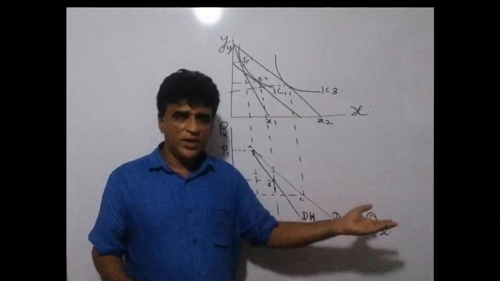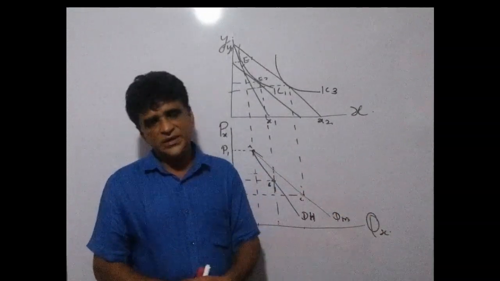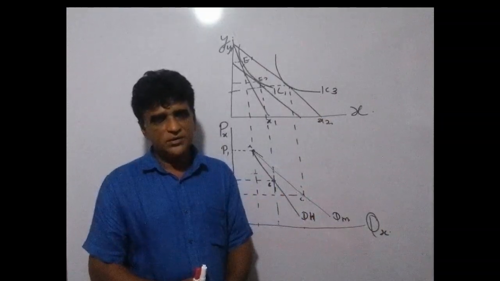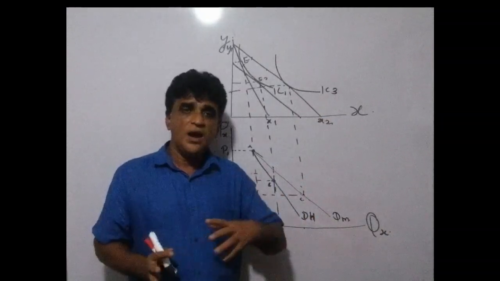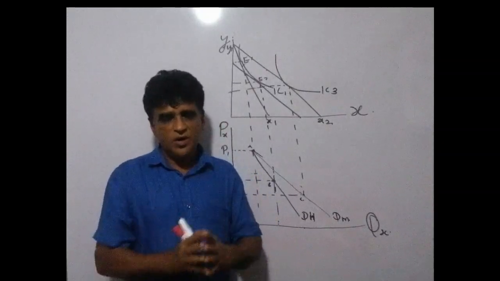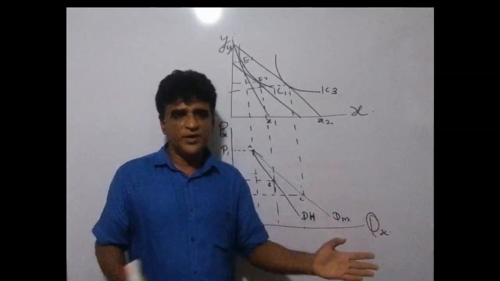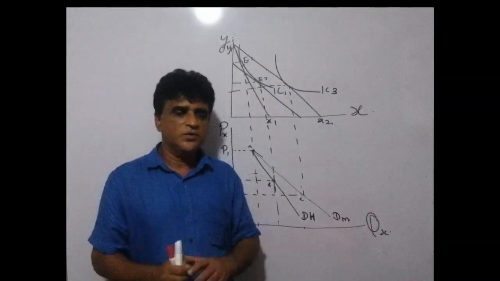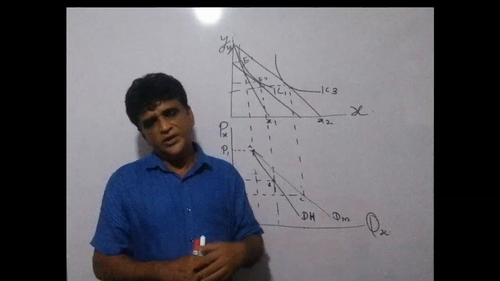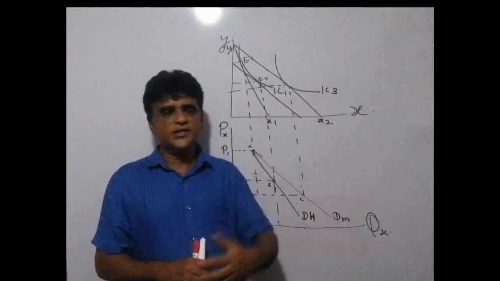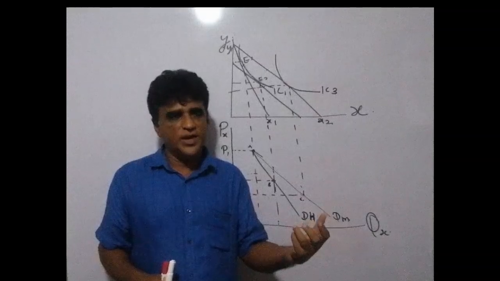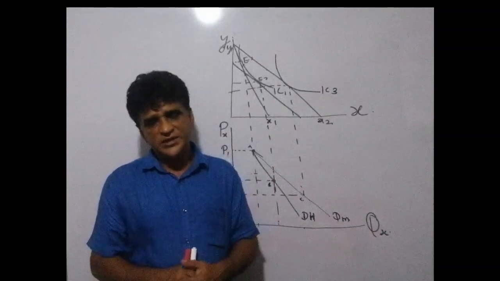We know one is the substitution effect, the other one is the income effect. That's why the demand curve slopes down. Now we understand how to decompose the income effect and the substitution effect according to theories introduced by Hicks and Slutsky.